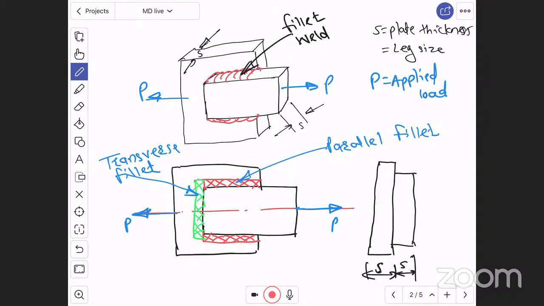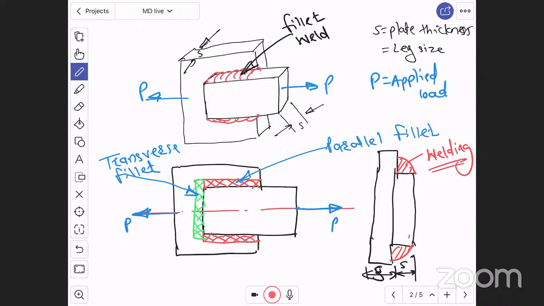And welding is provided at this location. You can see the plates are like this, and for both the weld size or thickness is S, and welding is provided at this location like this. There is a welding, right?